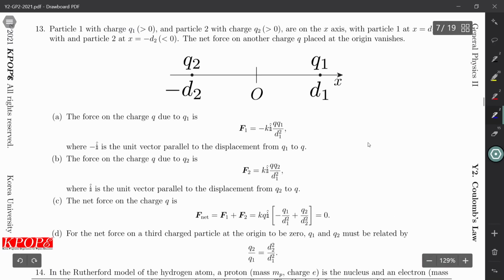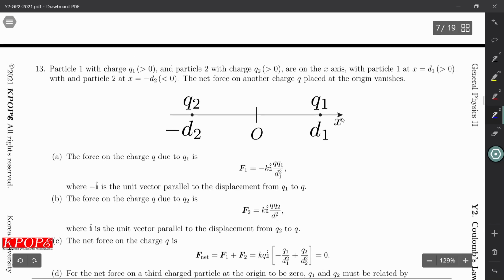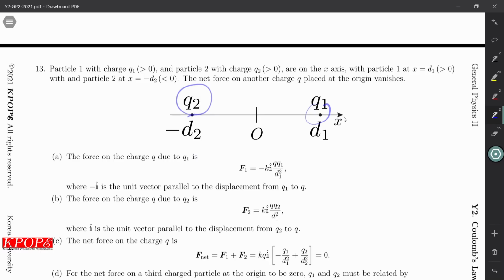Number 13. Particle 1 with charge Q1, which is positive, and particle 2 with charge Q2, still positive charge, is placed at minus D2. D1 and D2 are positive values.